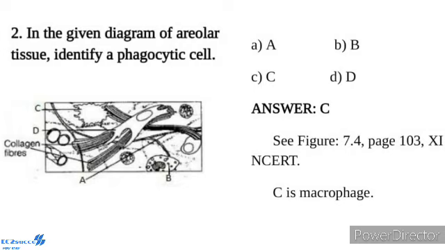The areolar tissue consists of a transparent jelly-like sticky matrix containing numerous fibers and cells like fibroblasts, mast cells, and macrophages or histiocytes. It is mainly a mixture of carbohydrates, that is mucopolysaccharides such as hyaluronic acid, and proteins.